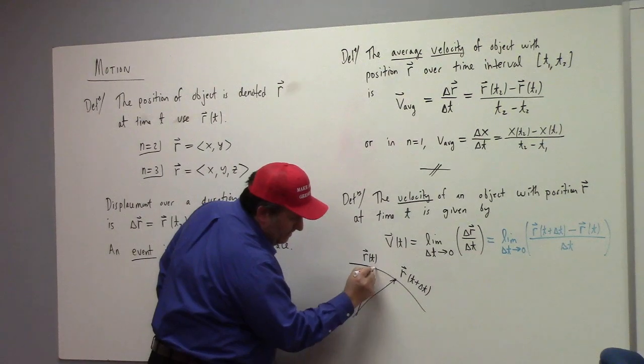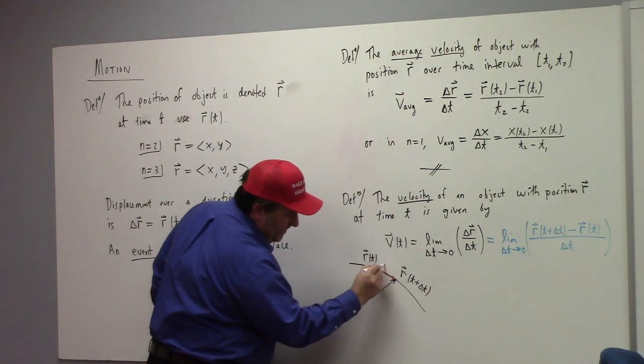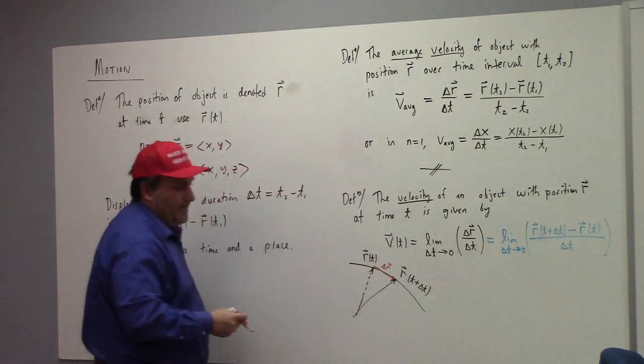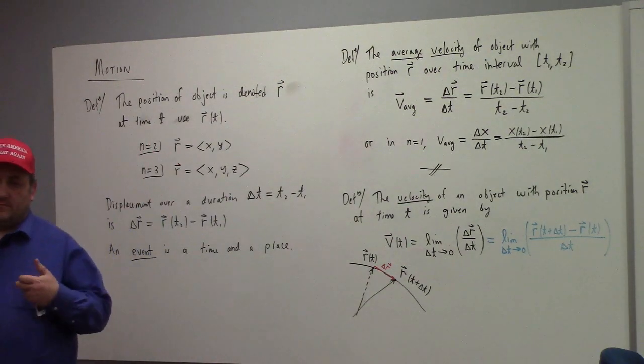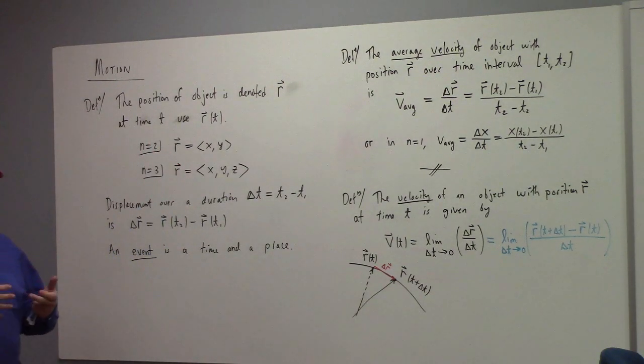Like this, right? So we take the limit as delta t goes to 0. What's the geometric significance of the velocity? Which direction is it pointing?